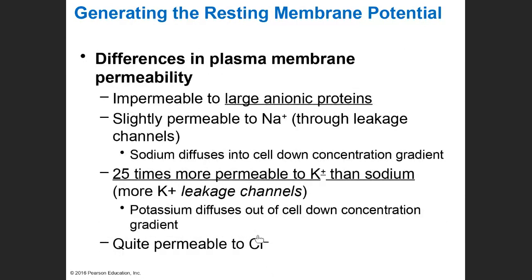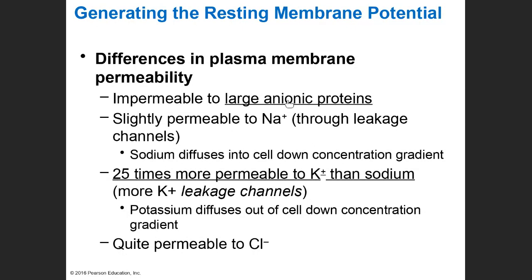This slide just says what I already said. We do have large negatively charged proteins that, because they're large, are not going to be leaving or really entering the cell. So those negative charges will stay inside of the cell. And again, that partly contributes.